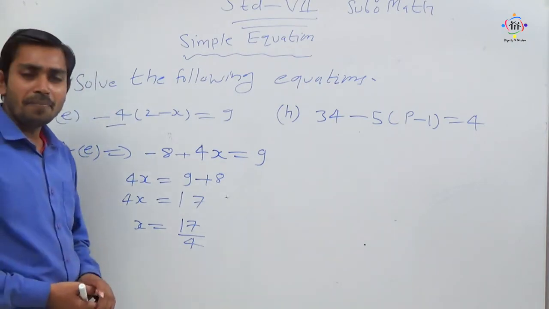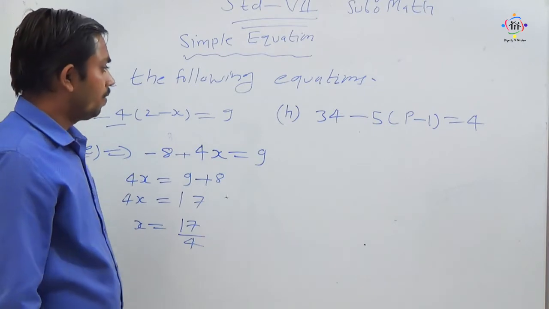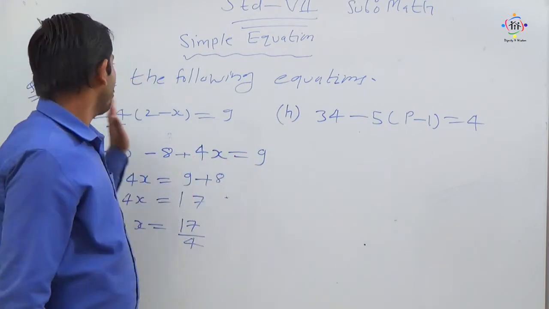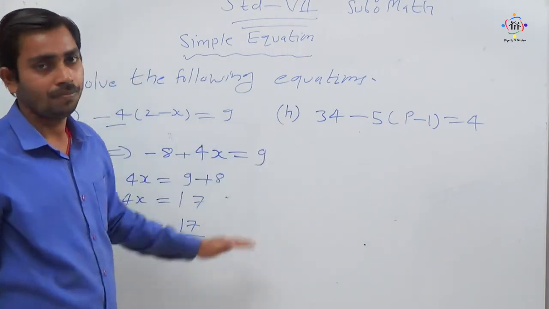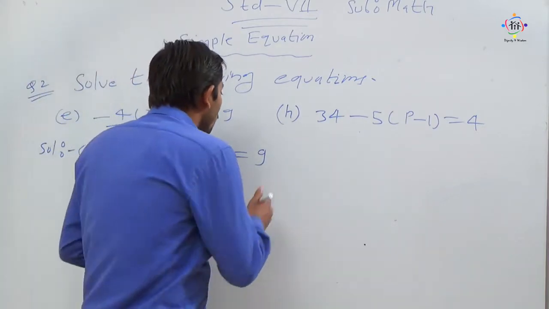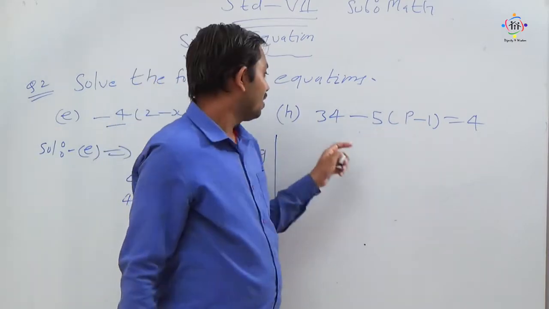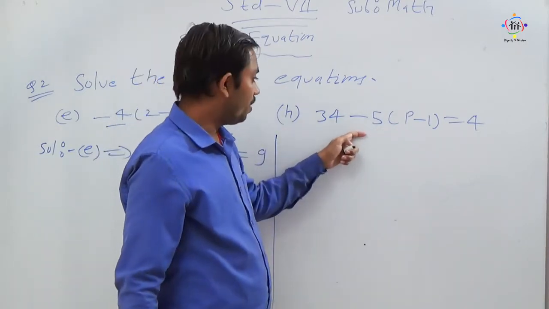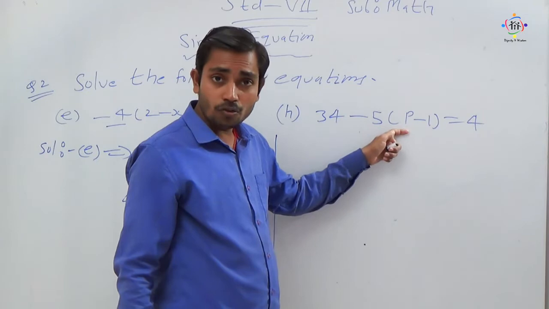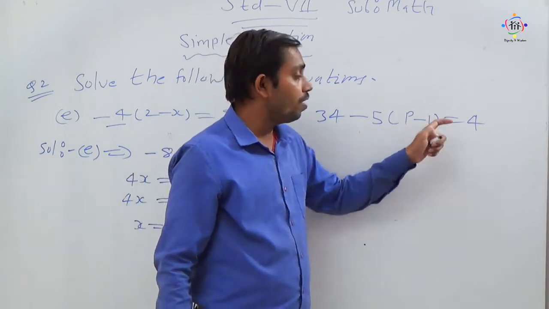Now similarly, let us proceed to question number 2 H1. Here what is given? Variable p is given: 34 minus 5 in the square bracket, p minus 1, is equal to 4.